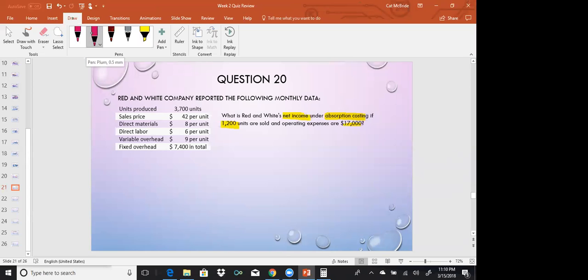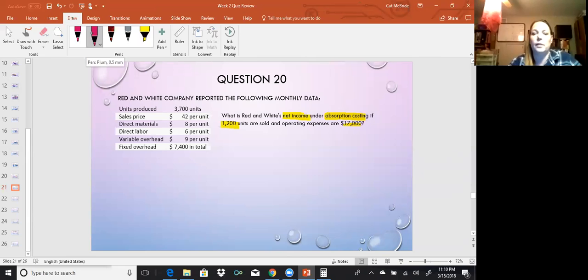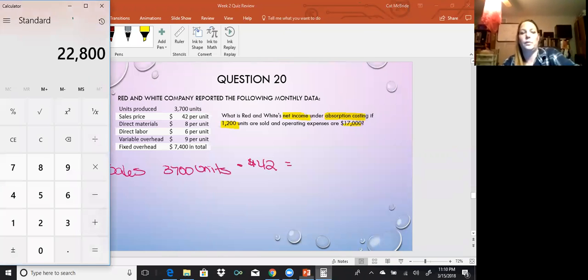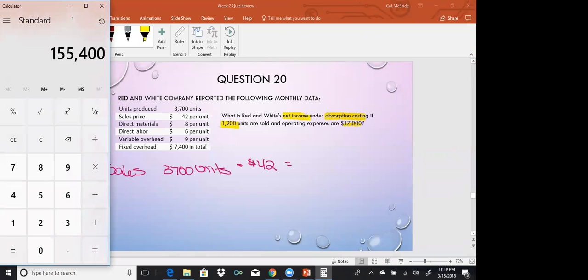Okay, so my sales price, net income under absorption costing. So my sales price is 3,700 units times $42 a unit. We're not using the 1,200 units. Oh, yeah, because that's produced.